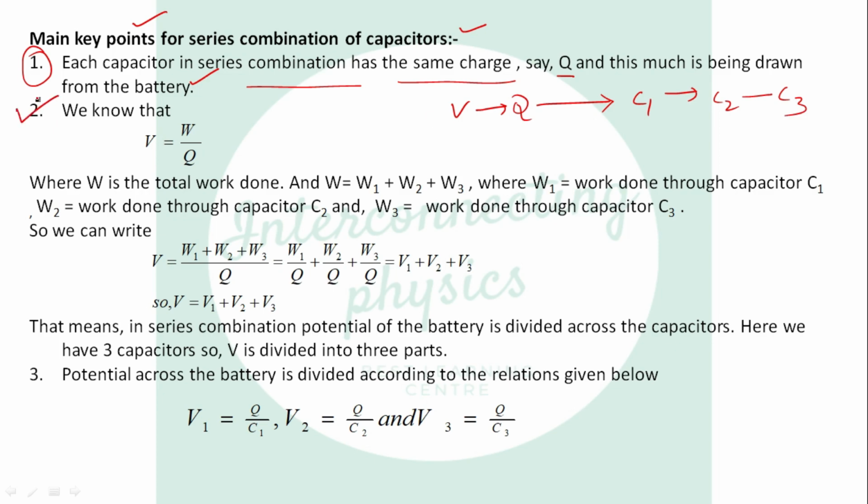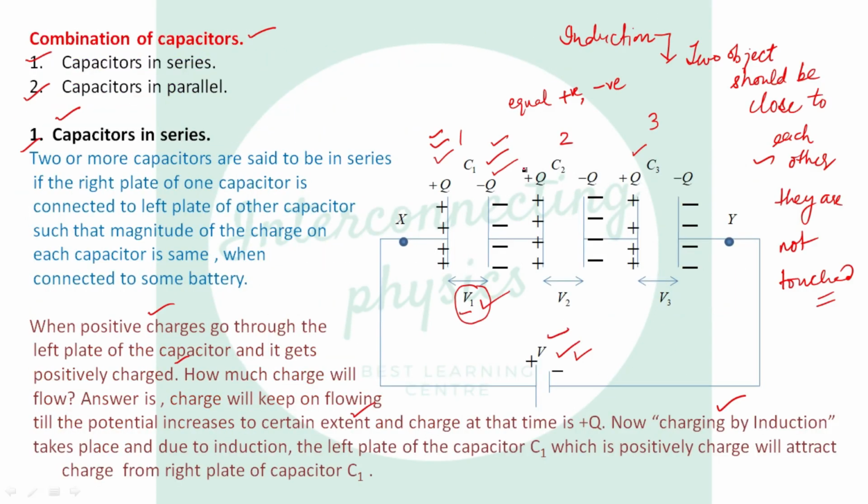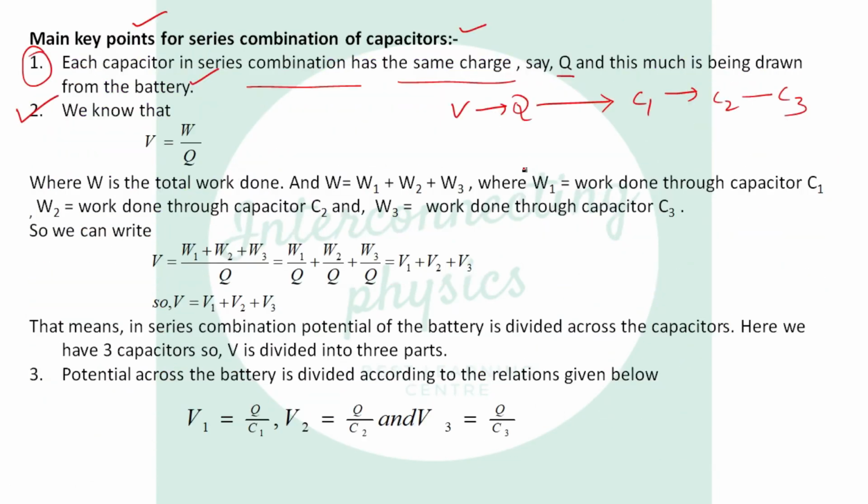Now, what will happen to the potential? We know that potential is work done divided by charge, but in series combination we are crossing three capacitors. If we have to move from point X to point Y, then we are crossing three capacitors, 1, 2 and 3.